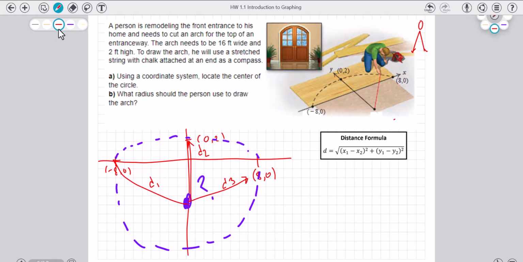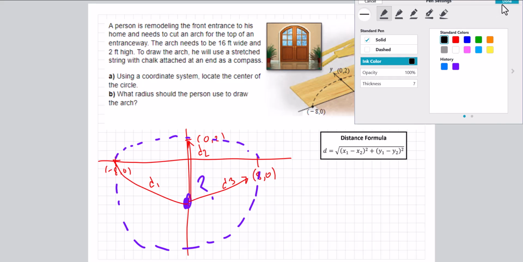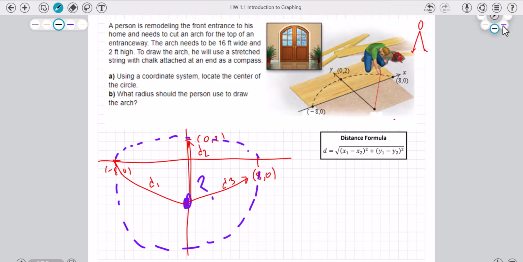So even the whole radius is a distance, right? Okay, so I'm going to find the first distance. I'm going to call it distance 1, which is going to be between -8, 0, so -8, 0, and 0, we're going to call it y.